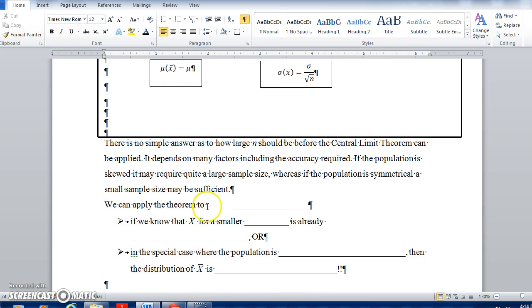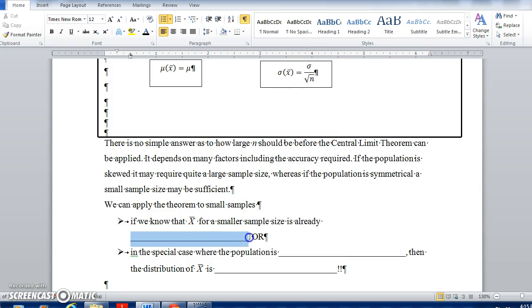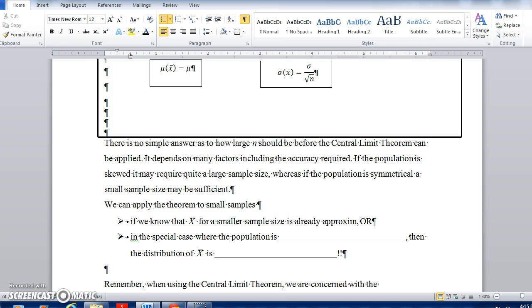So when can we apply the theorem to small samples? Well, if we know that x bar, so the distribution of our sample means for a smaller sample size, is already approximately normal, then small sample sizes are going to give us an x bar distribution which is approximately normal as well.